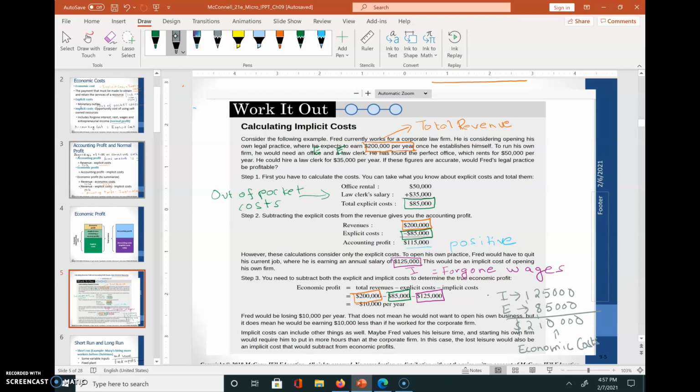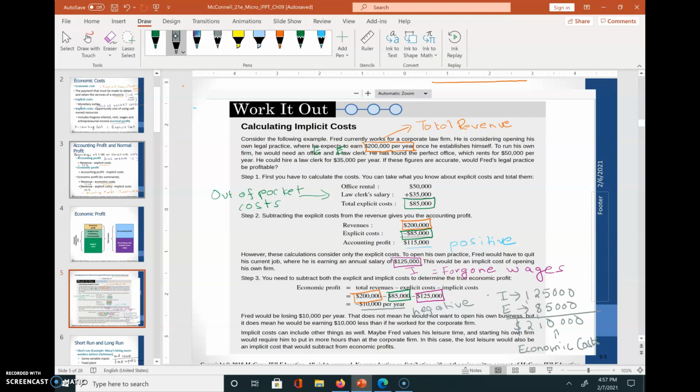So to calculate the economic profit, we have to take off the economic cost from total revenue, or rather the explicit and implicit costs. It looks like the economic profit is negative $10,000. We can compare this with the accounting profits. The accounting profit is greater than the economic profit.